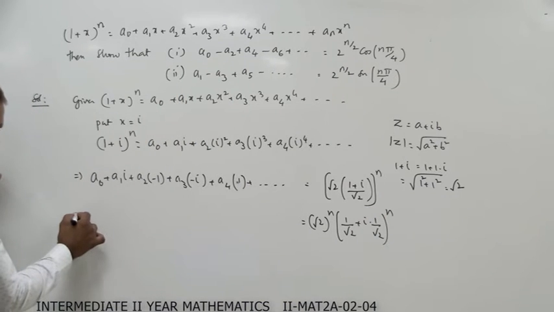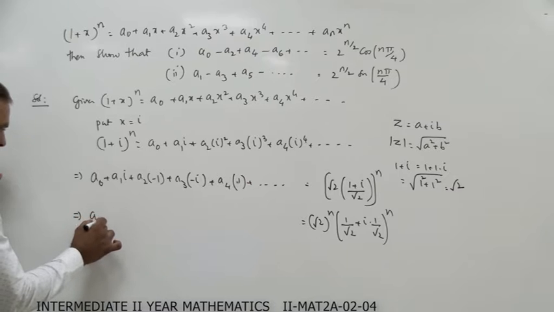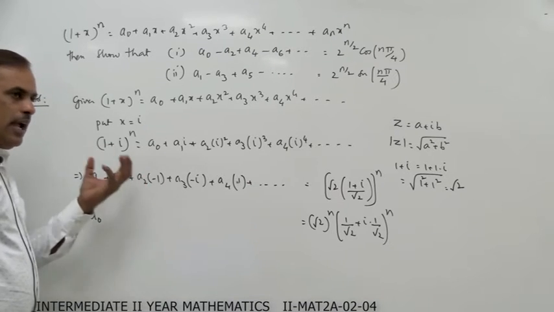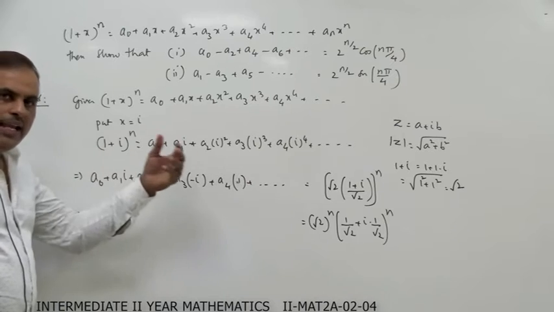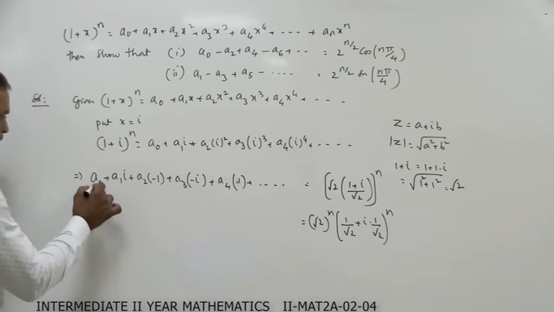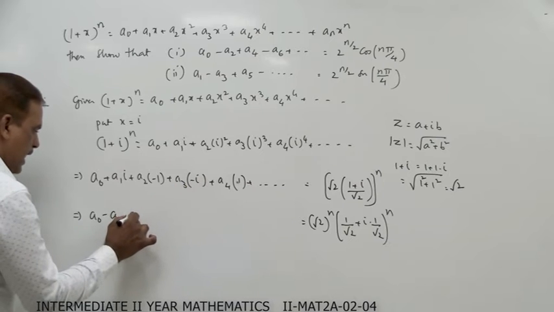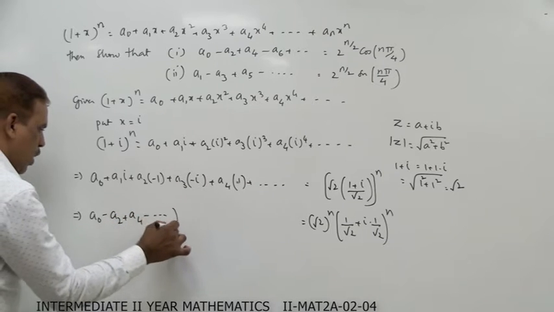So what happens on the LHS side? a naught, I'll just take those terms which don't have i and group them. Those which have i, I group them as a separate entity. a naught minus a2 plus a4 minus and so on.